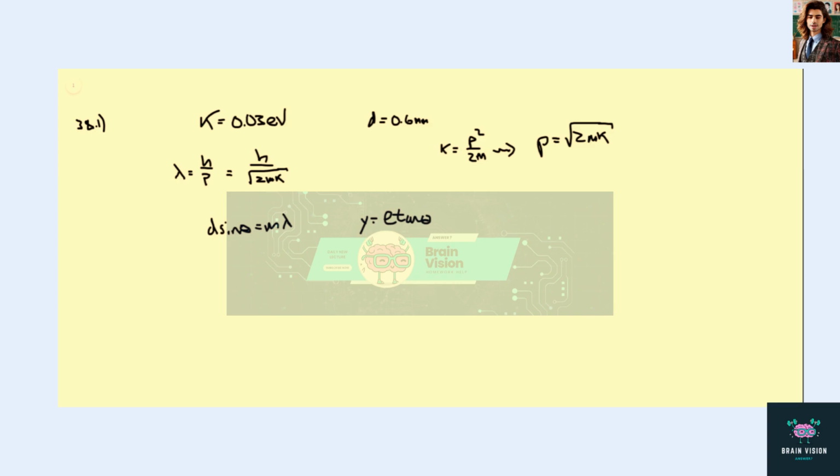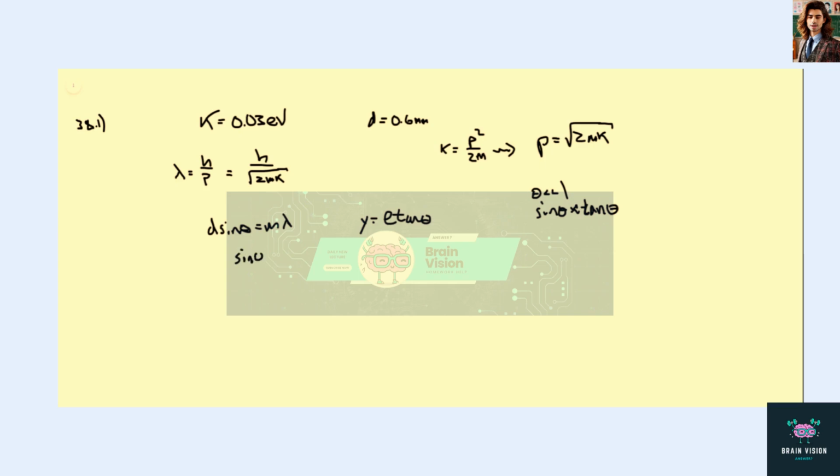So the key here is to realize that these angles are going to be small, and if we have small angles, then we know that sine theta is roughly equal to tan theta. So from that, let's set these equal to each other.